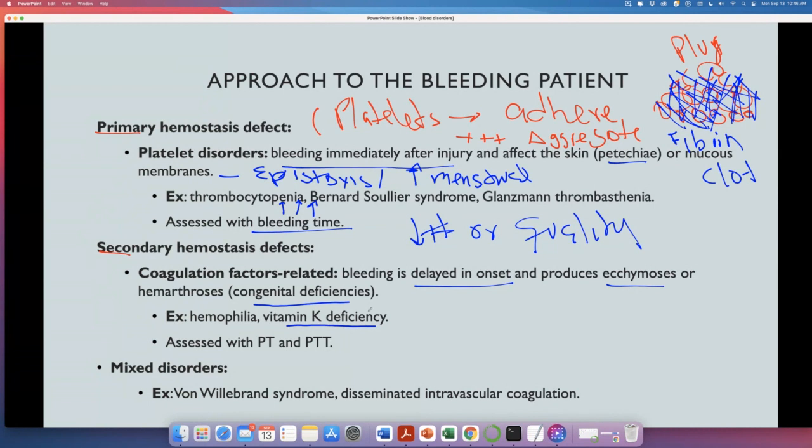Okay, vitamin K deficiency will affect almost every factor in the coagulation cascade.